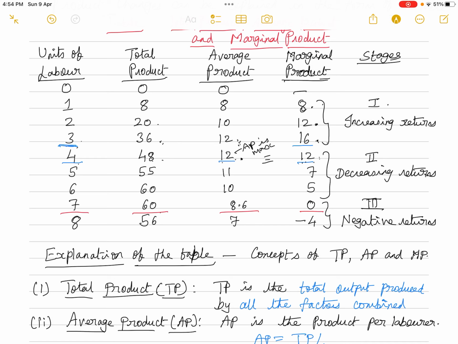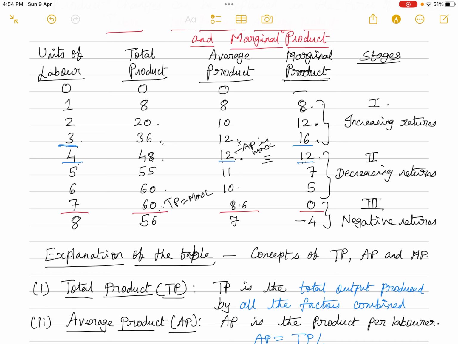Like that, the 6th laborer and 7th laborer also start decreasing. When the 6th laborer is employed, the total product remains constant at 60. With the 7th laborer also, the total product happens to be 60, and the average product declines further to 10 and 8.6, and you can see that when the 7th laborer is employed, the marginal product happens to be 0. 60 minus 60, 0.